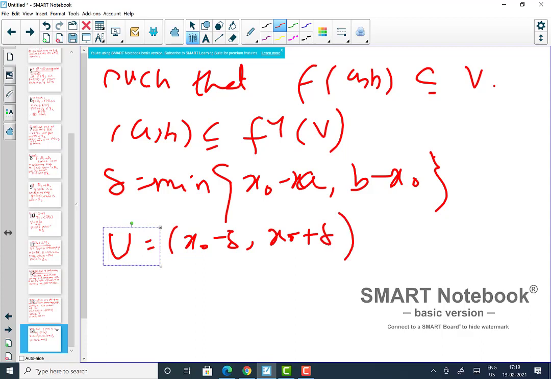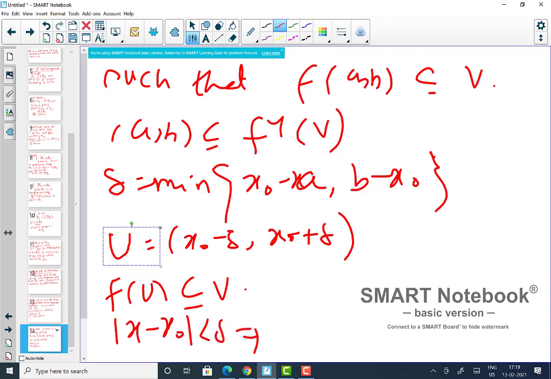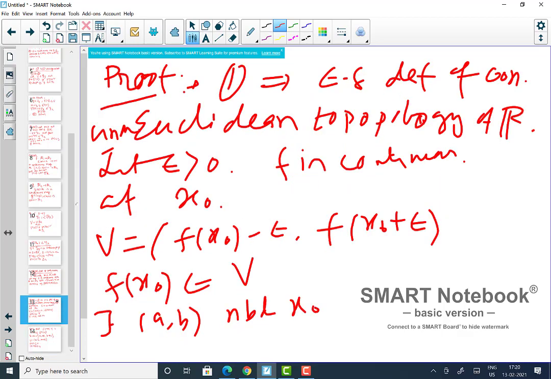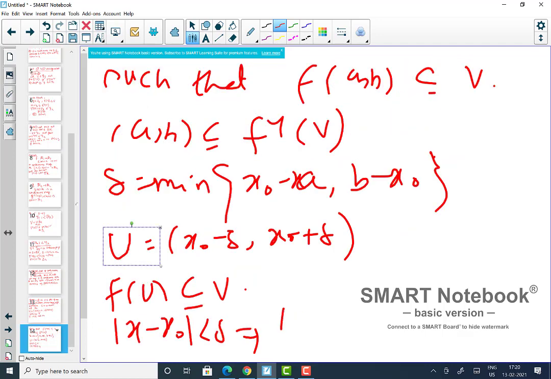If I choose this open interval U, you see that obviously f of U is sitting inside V, right? This also says that whenever mod of x minus x naught is less than delta, f of x is inside V. But what is V? V is this interval, which means mod of f of x minus f of x naught is less than epsilon.